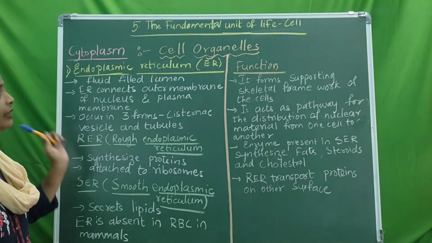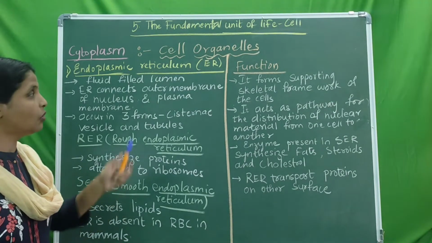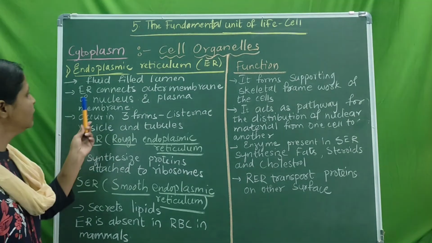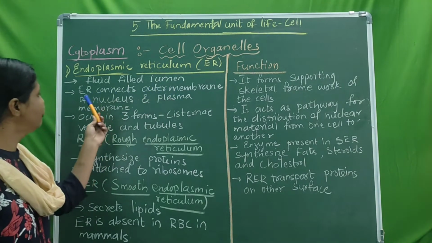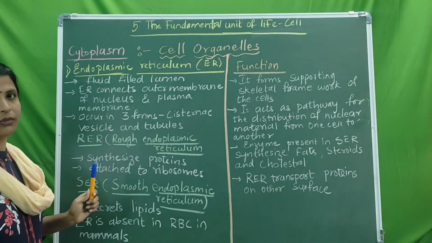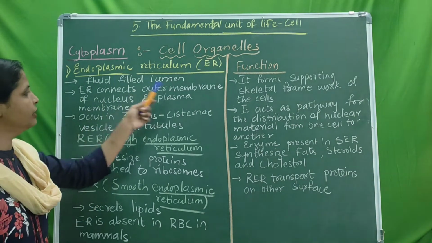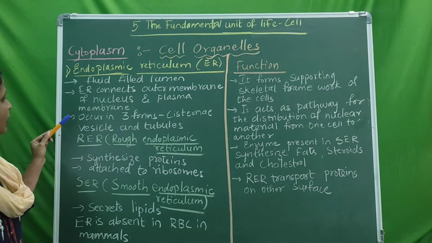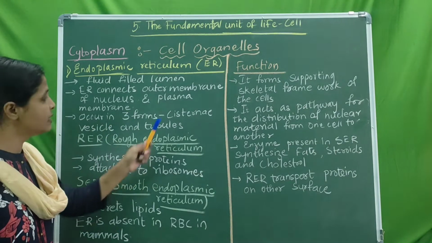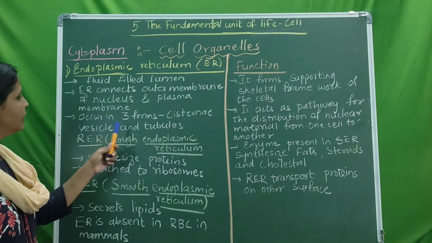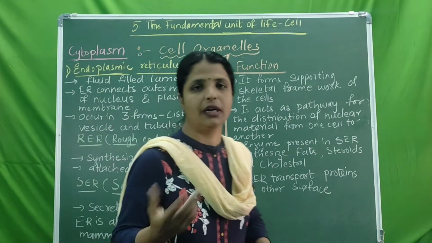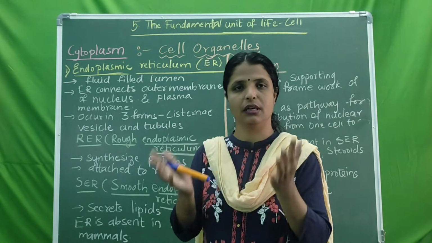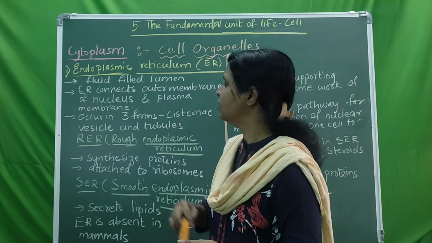First thing, it has a fluid inside called lumen. The endoplasmic reticulum connects the outer membrane of the nucleus and the plasma membrane. So it is connected with the plasma membrane and even with the nucleus. Then it occurs in three forms, that is cisternae, vesicles and tubules. So the endoplasmic reticulum is not found in only one kind of structure, it is made of three different forms.